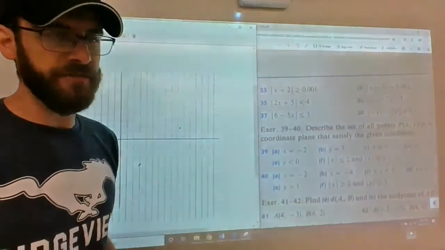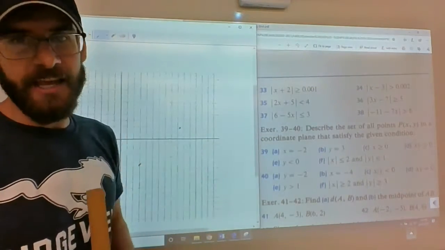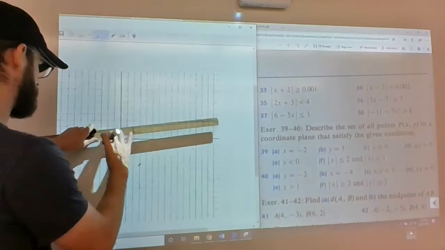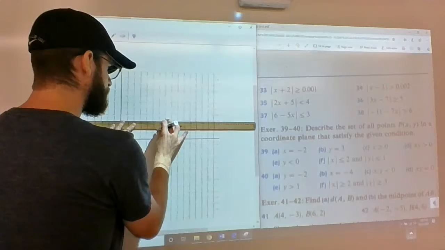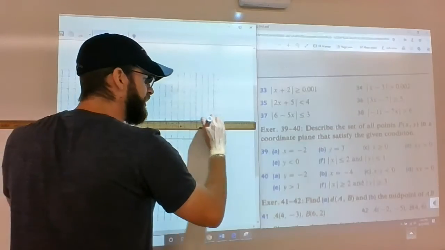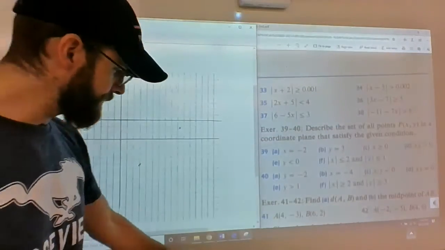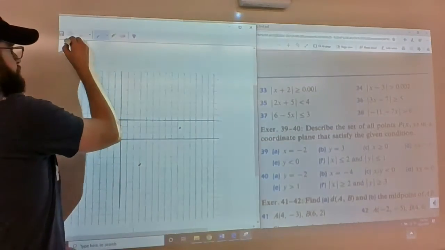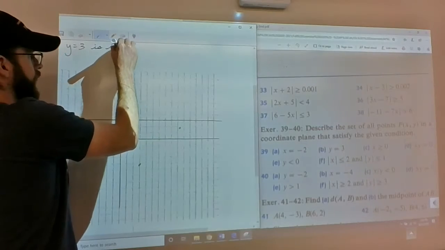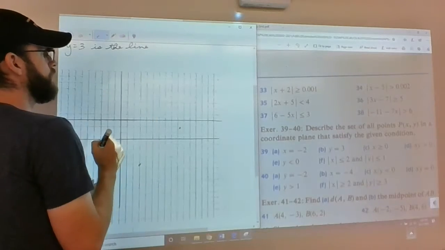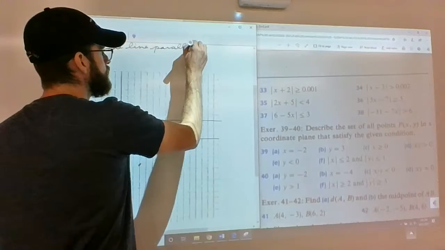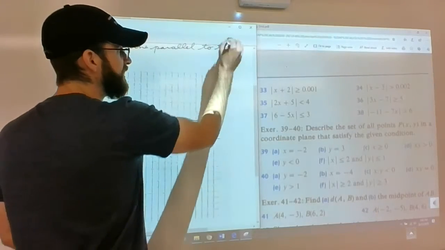So again, if you have knowledge of linear equations, you know that is a horizontal line at 1, 2, 3. And if we're talking in the same vein as letter A, you'd say y equals 3 is the line parallel to the x-axis.